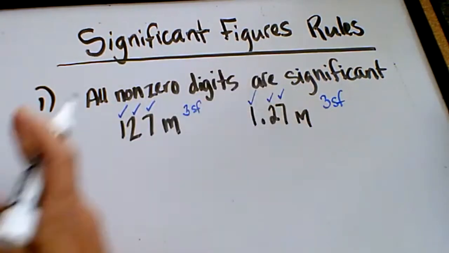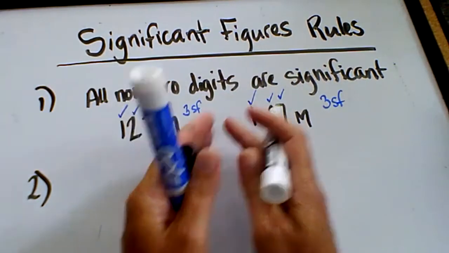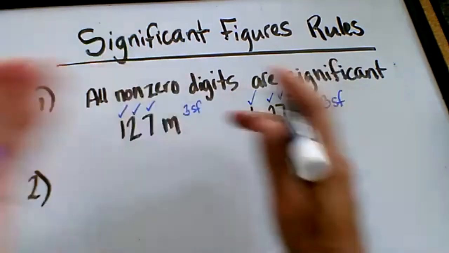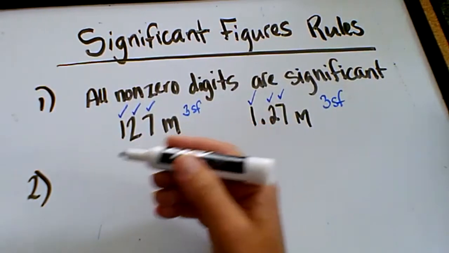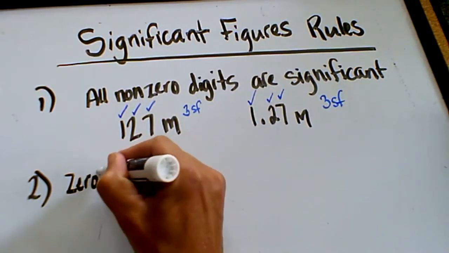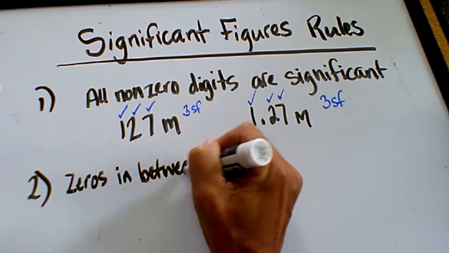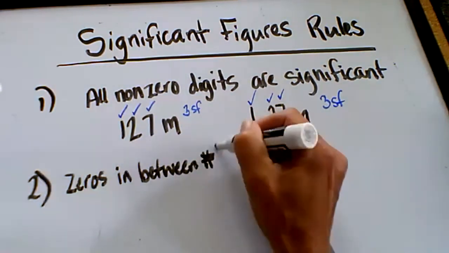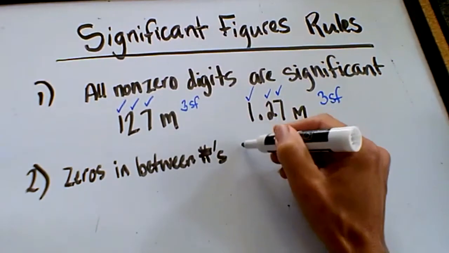They can come at the beginning of numbers, they can come in the middle of numbers, or your zeros can come at the end of numbers. So let's first talk about our sandwich zeros. Zeros in between numbers. Okay, those are going to be our sandwich zeros.